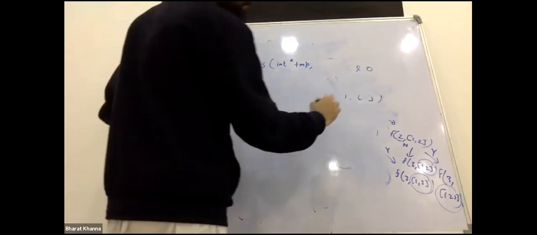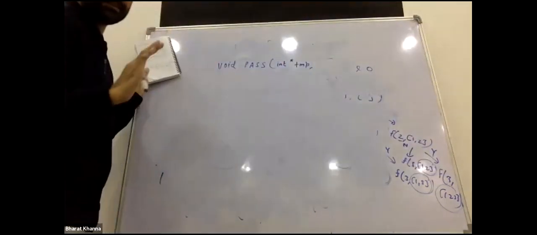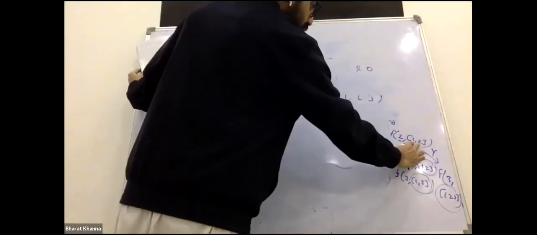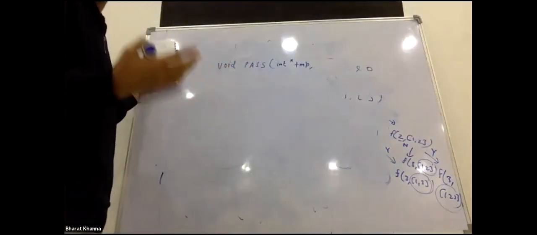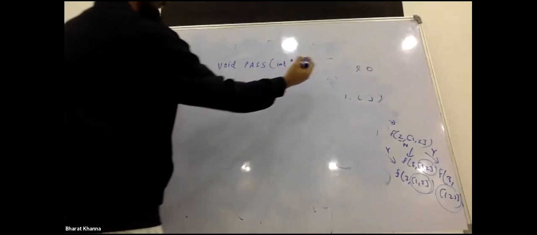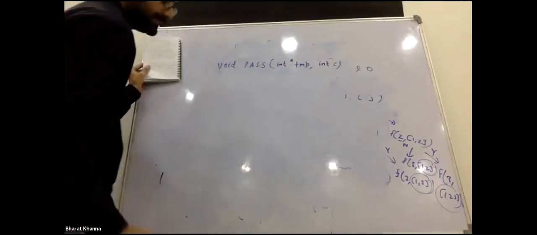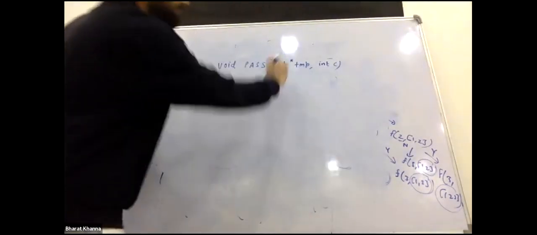Only then I will be able to inject the next element at its proper position. What I mean by that is, if the count of elements currently in my helper array is 2, that means the next element will be inserted at the third position, which is second index. So for that, I will keep a count in C. That is my count. How many of you are clear with the 2 input parameters?